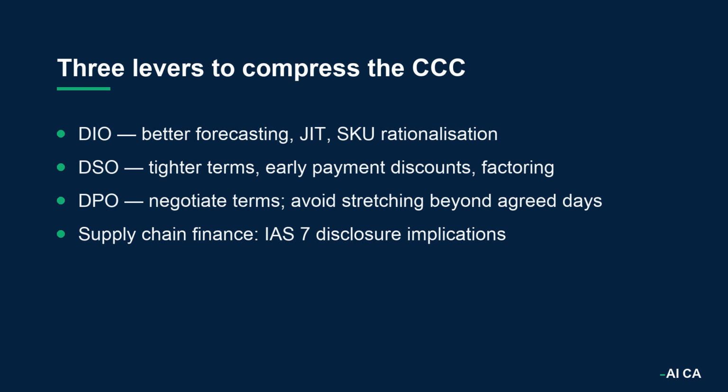But be careful here. Stretching payables beyond agreed terms destroys supplier relationships and may signal liquidity stress to an astute creditor or auditor. IAS 7 requires disclosure of significant non-cash financing arrangements, and supply chain finance programs have attracted scrutiny from the IASB precisely because they can obscure true payables days.